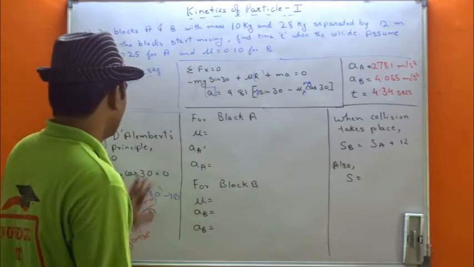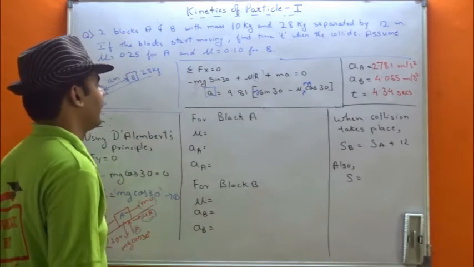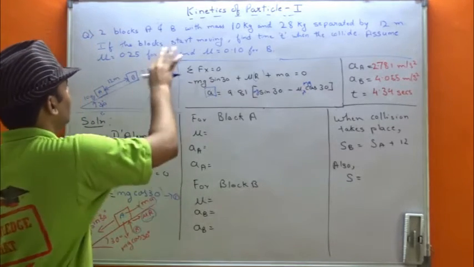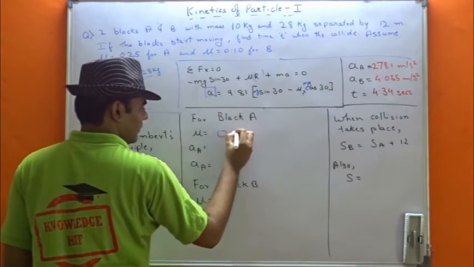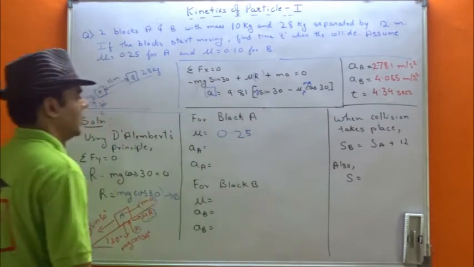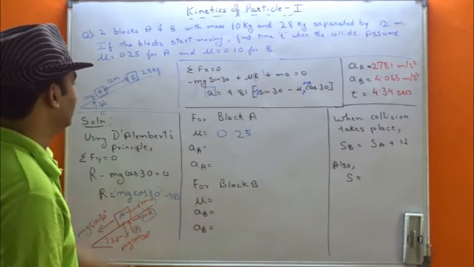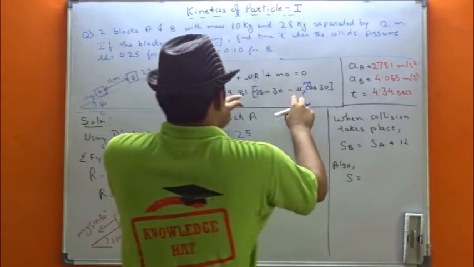So now, for block A, the value of mu is given to be 0.25. The acceleration is given by this formula.